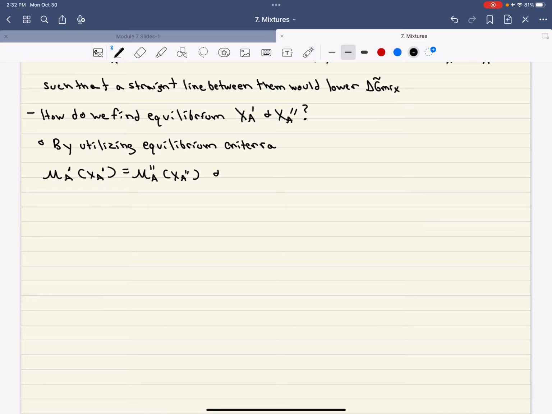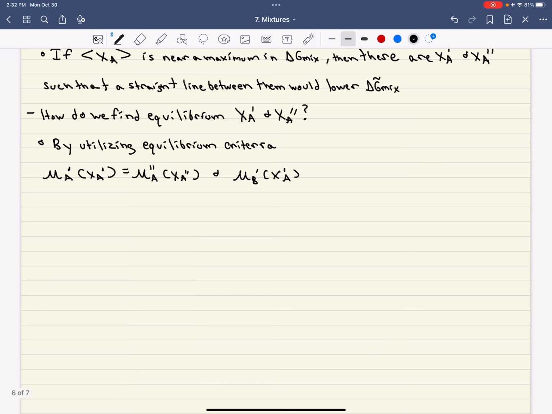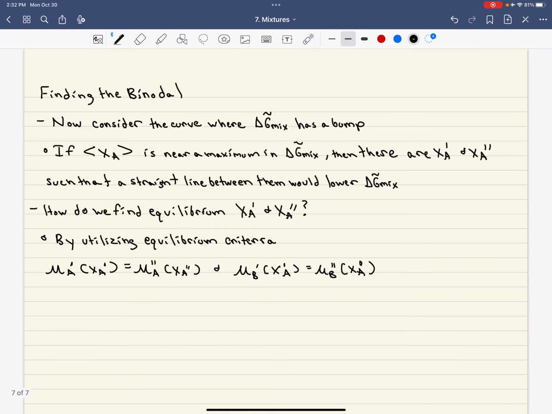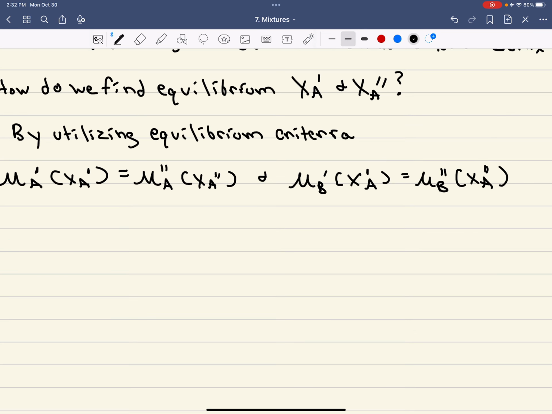And the same thing is true for chemical potential B. And I'm still writing it as a function of xa, right? Since we're just dealing with a binary system. Alright, so that's the equilibrium criteria.